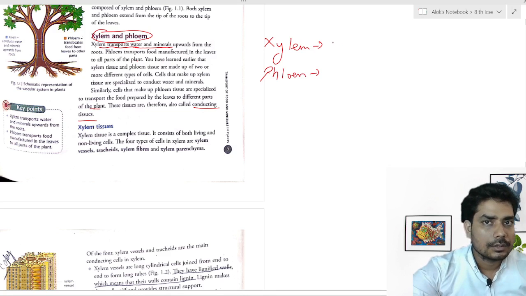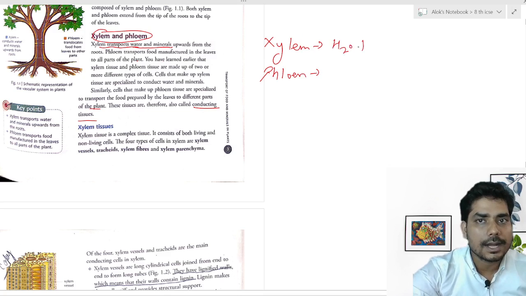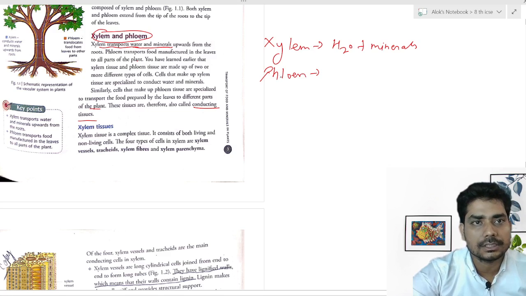So we say xylem transports water and minerals from the root hair to all the aerial parts of the plant's body. Similarly, phloem transports food manufactured in the leaf by photosynthesis to all parts of the plant.